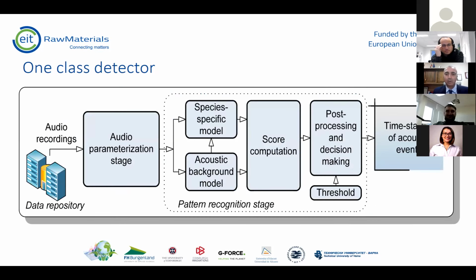I just want to show examples of a one-class detector, what it actually means. We have some repository of data. This example is for pest detection, detecting one pest that eats the palm trees. This is a great danger in the past 20 years in the Mediterranean.